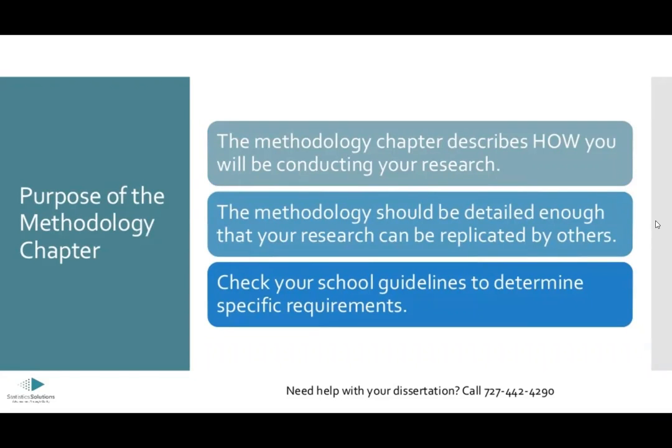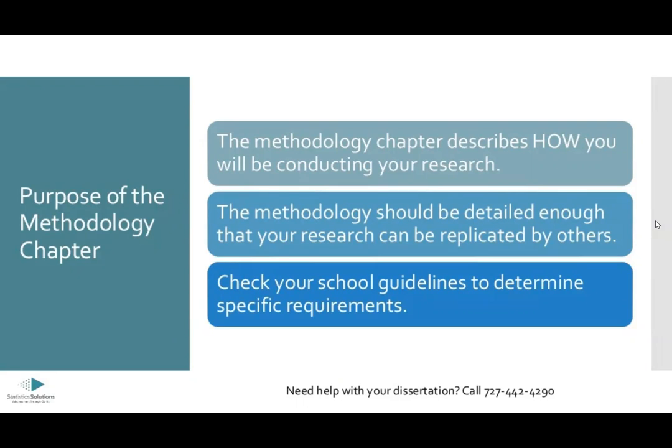So the purpose of this chapter is really to give a step-by-step instruction manual to other researchers who may want to reproduce your study. So in this section, you really want to break down and almost spoon feed the reader on the exact how of your research. So think of it as like writing a recipe or an instruction manual for those who are reading it.